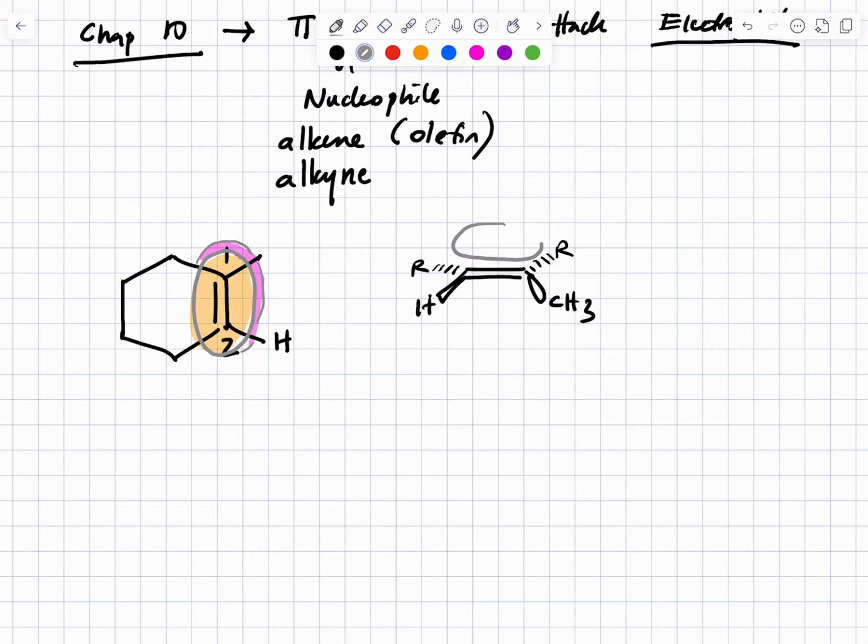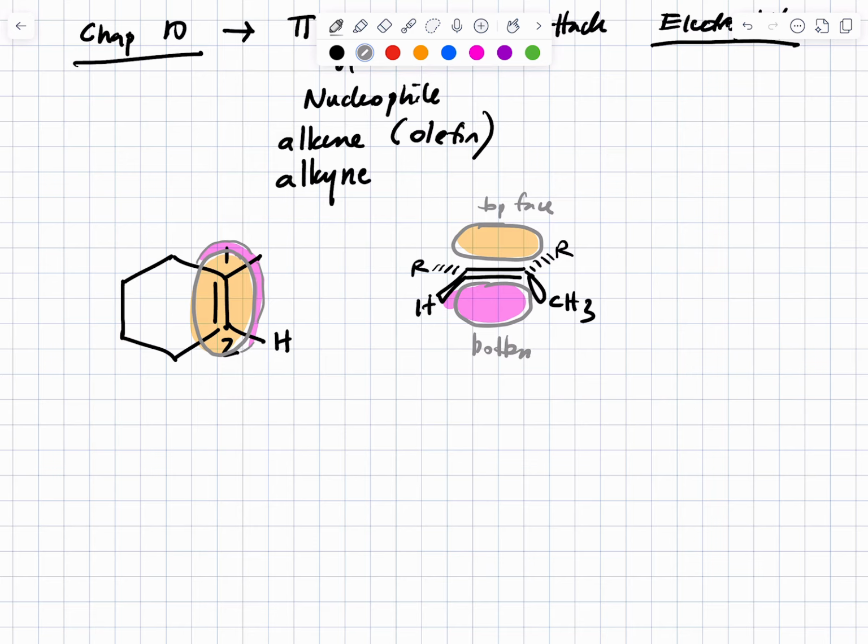It's above those two atoms and below those two atoms. So you've never had to deal with, well, which side of a nucleophile does the attacking? You will have to deal with that now, because the pi bond has a top face and a bottom face.